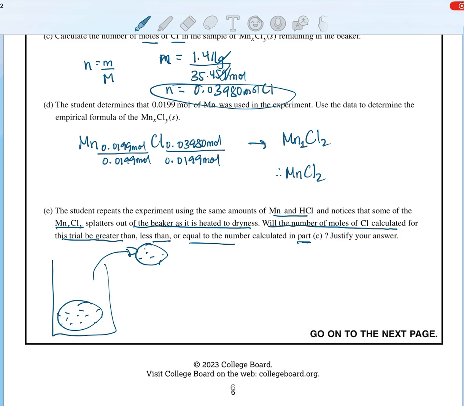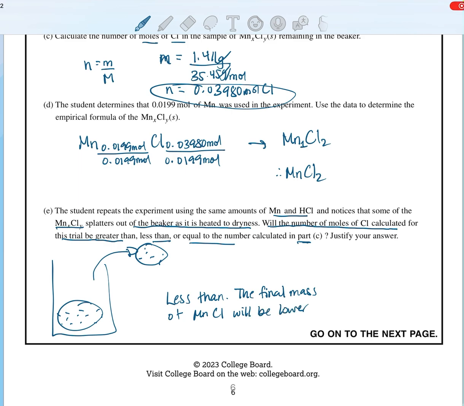You're going to have less of a mass and therefore fewer moles. So what we're going to say here is that our answer is less than, and the reason is because the final mass of the salt, MnCl2, will be lower.